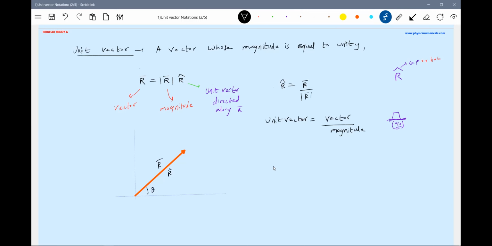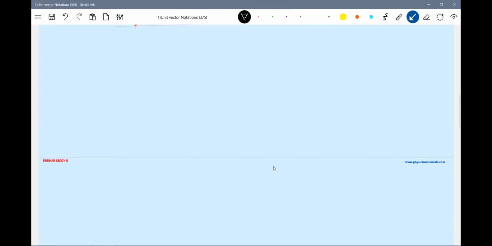Let's go for a more generalized one. We have a rectangular coordinate system. This is the x-axis, this is the y-axis, this is the z-axis. Now, the unit vector specifically directed along the x-axis will be i cap.